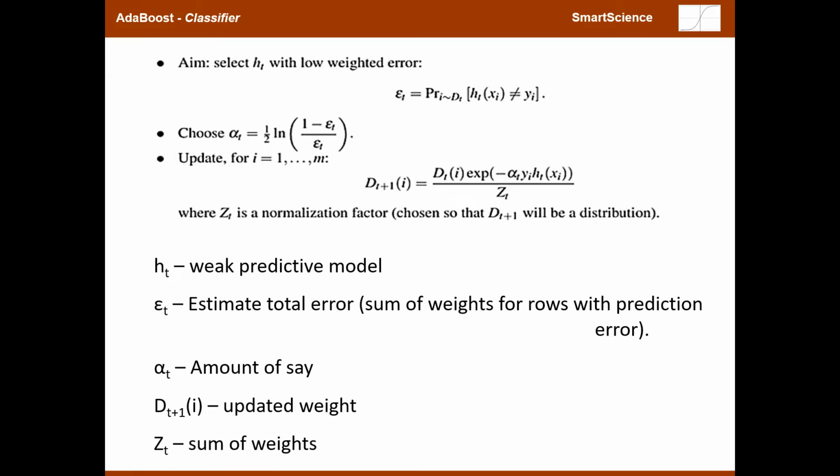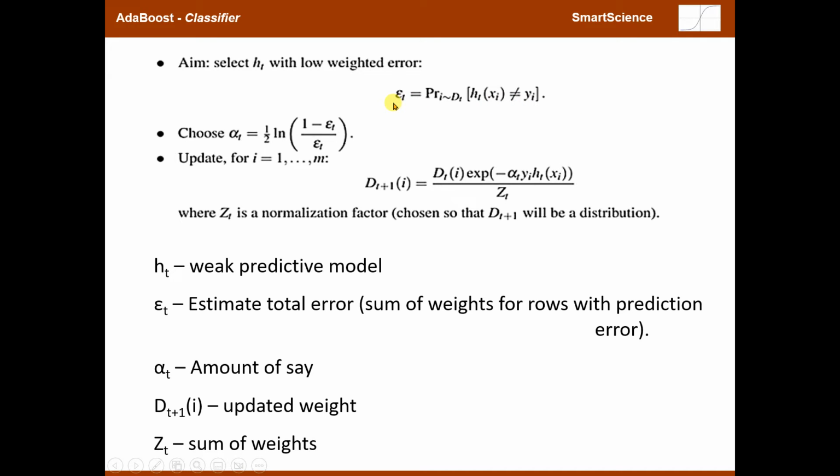Then what we are doing is, for each model or each tree, we are calculating these parameters. So let's assume that we have just built the first tree. Then the first thing we calculate is epsilon t, which is nothing but a parameter called total error.